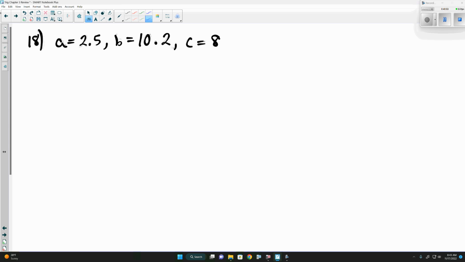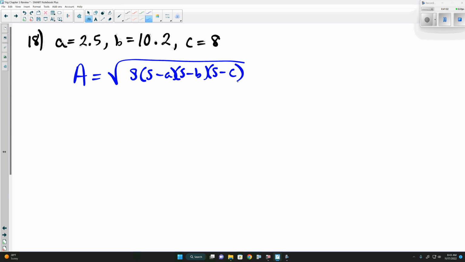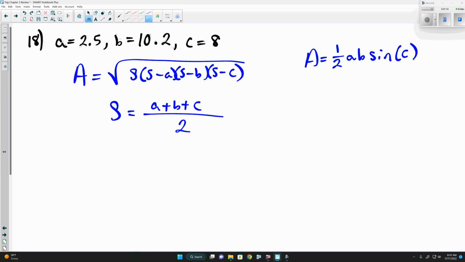The area formula for this one is A equals the square root of S times S minus A times S minus B times S minus C, where S is A plus B plus C over 2. And the other area formulas are 1/2 AB sine of C, 1/2 AC sine of B, and lastly, 1/2 BC sine of A.